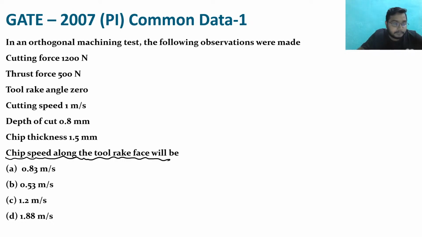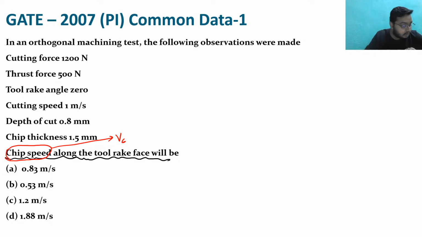Please do not get confused. What is the meaning of chip speed? Chip speed means Vc, chip velocity. If you have any doubt, please ask me, and solve this question. Chip velocity.